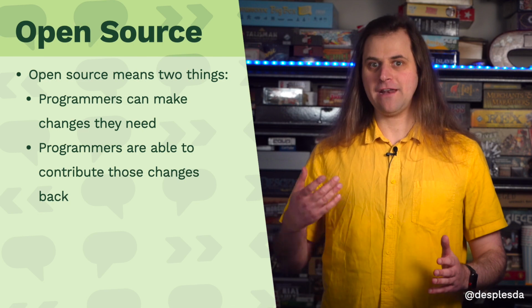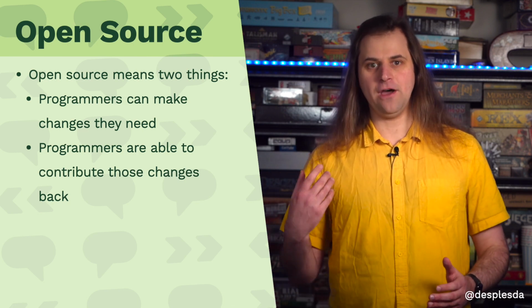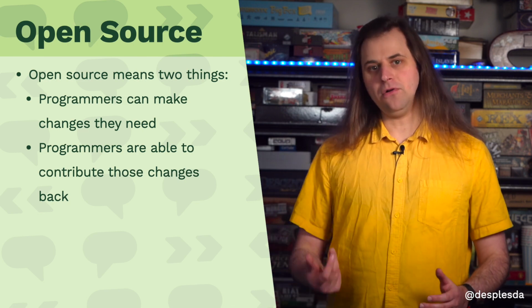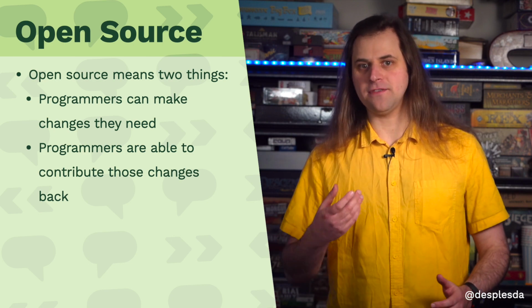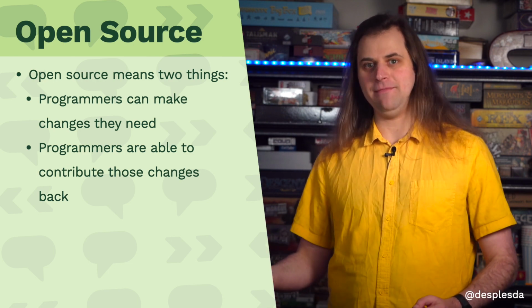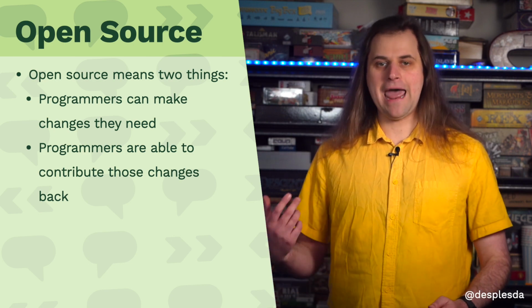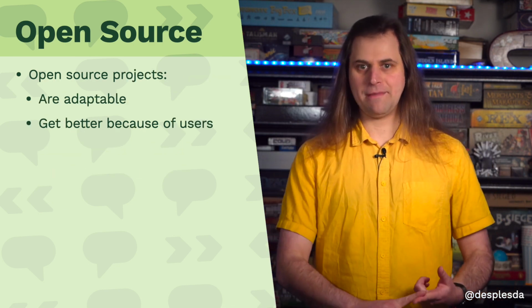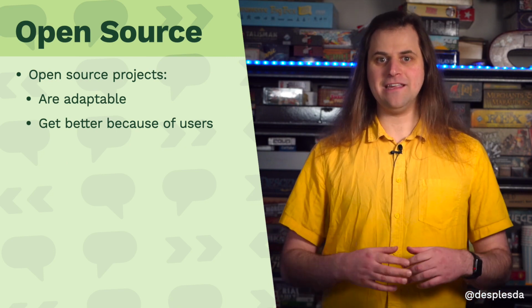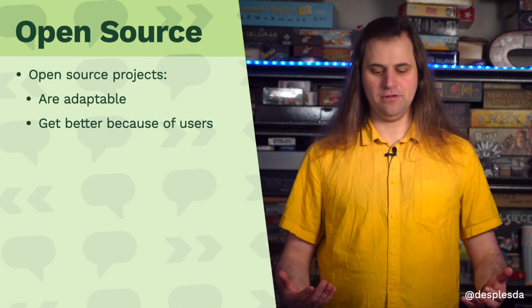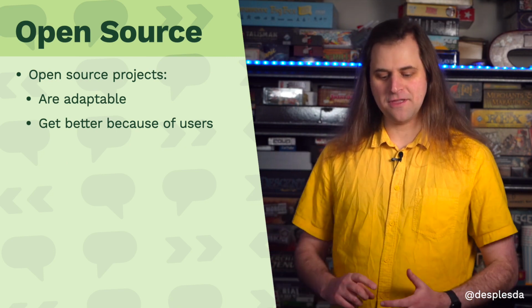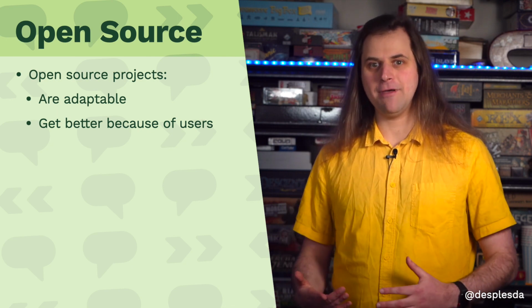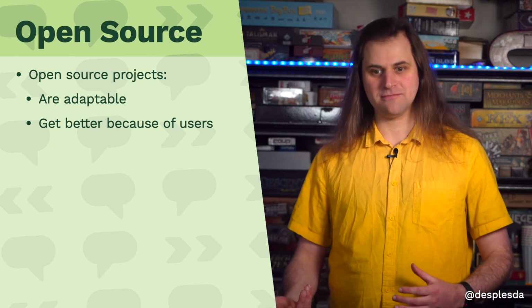They can adapt that code to their own needs for their own game. But also, programmers are able to send those changes back upstream, as they say, to the project, allowing the project to get better. So that first point, programmers can make changes, means that the thing is adaptable, it's highly flexible. But thing two means that the project gets better over time because of its users.